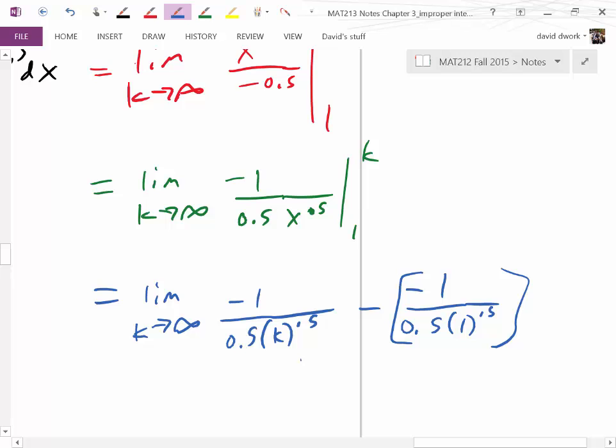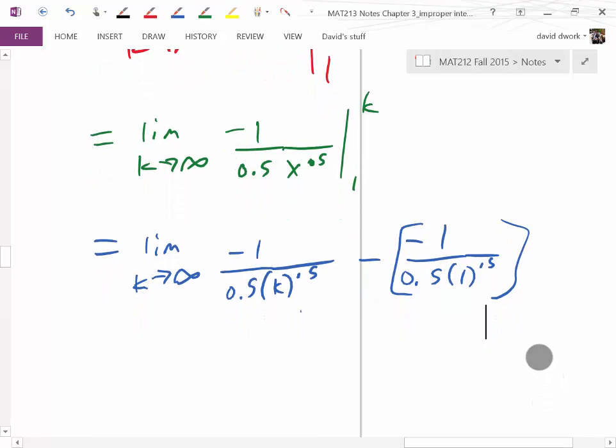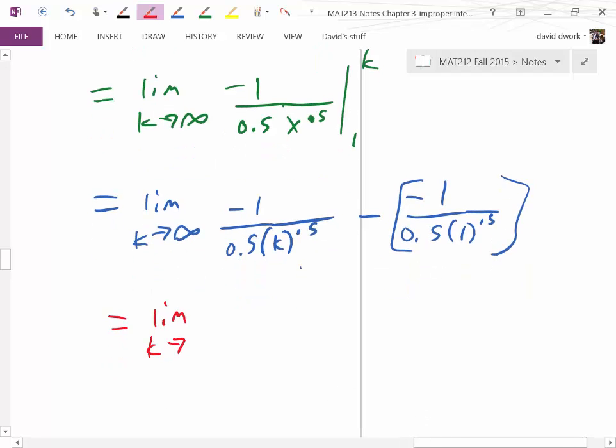And if you remember, 0.5 is the same thing as square root, right? So if it helps you, we'll go ahead and rewrite this as square roots. It's 1/2, right? K, or 0.5. So this would be -1 over 0.5 times the square root of k, and actually, let's go ahead and evaluate this limit while we're at it. We're approaching infinity, so k is going to be something really, really big.